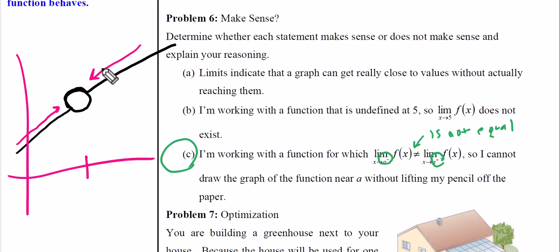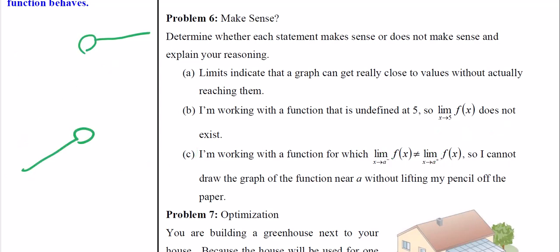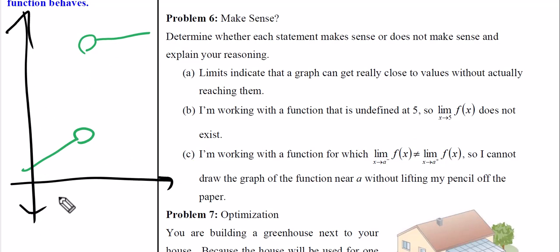Now, could we draw something like this without lifting our fingers off or lifting our pencil off the paper? No. Right, and that's what problem C is talking about. It's saying, hey, the limit from the left is not the same as the limit from the right. Okay, and if that's the case, I have to pick up my pencil, because if I didn't pick up my pencil, I could wrap around and go over here or whatever.